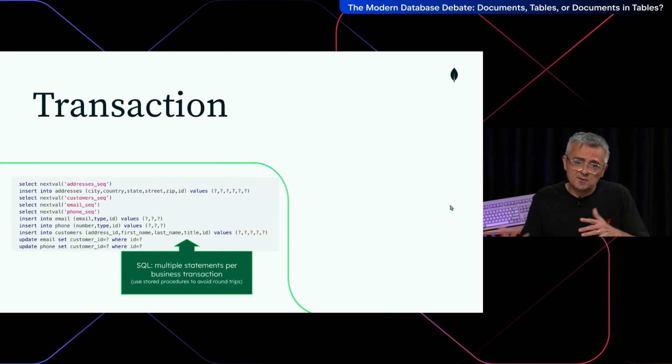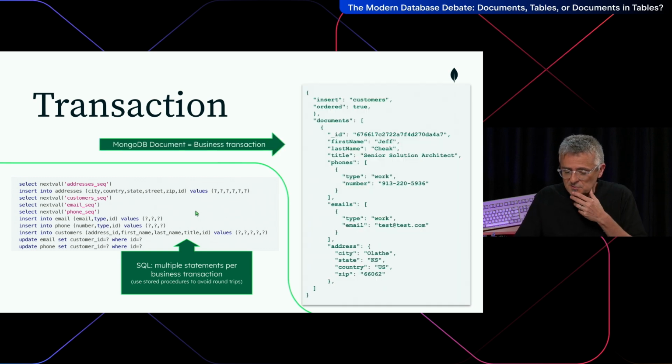And for the transaction, the same as what we have seen. With the same application, if you look at the transaction, you see a lot of SQL statements when you are on a SQL database, because there are many tables, whereas an insert, for example, is a single document that has everything in it. Probably it's larger, it has more information, but today that's not a big deal. Reducing the round trips is good, and also having a self-contained document makes it easier when you distribute, because it's in a single place.